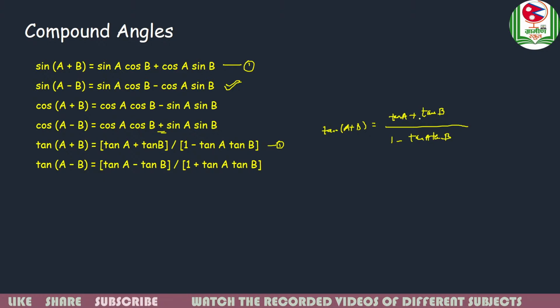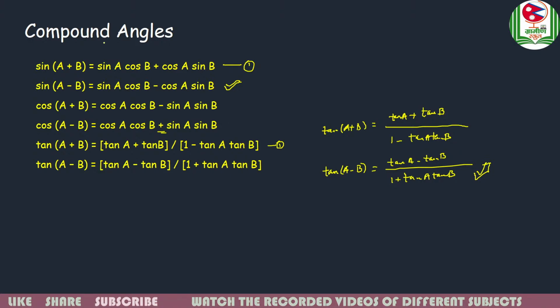At the time of positive a plus b, the operator between the numerators, that is tan a and tan b, is positive, and the denominator is negative. But in case of tan a minus b, it is tan a minus tan b upon 1 plus tan a into tan b. So this is the formula for the compound angle.